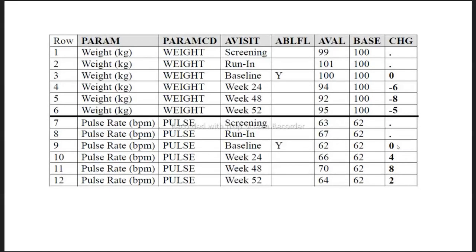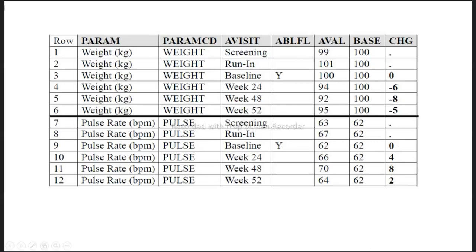Now, coming to the weight in kilograms parameter, how can we calculate the change? To calculate the change, first of all, we should create a base variable. How are we going to create a base variable? In whichever observation BLFL is equal to Y, in that observation, whatever the eval value that we have, we are going to populate that as a base variable.